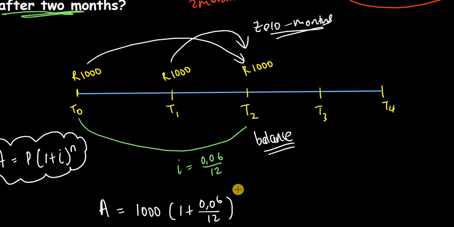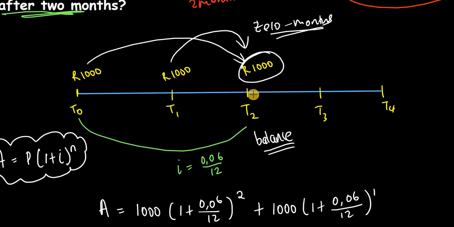That's why we want to know how much you have saved in those 2 months. So it stays there for 2 months, and then this one, it stays for how long? This is its full month, so that one stays for 1 month only, which is 1 plus 0.06 over 12, and then it stays for 1 month. What about this one? 0 months, because on the day you just deposited it, that's when you want to know the balance.